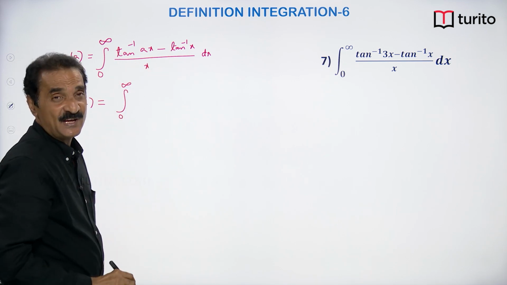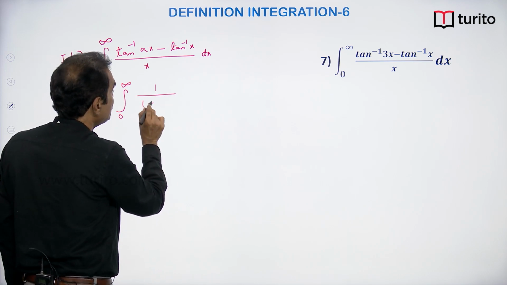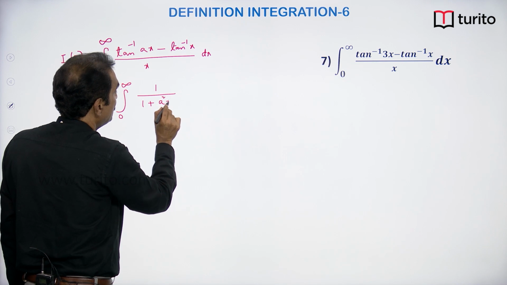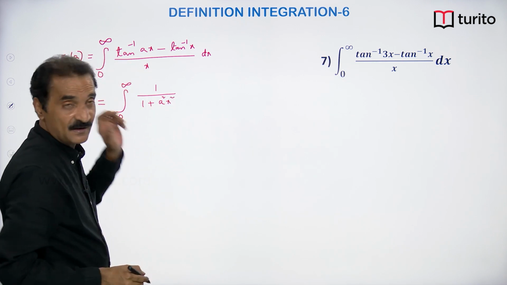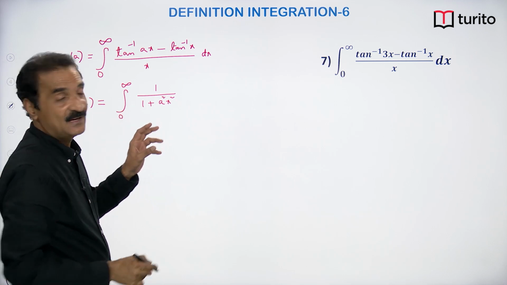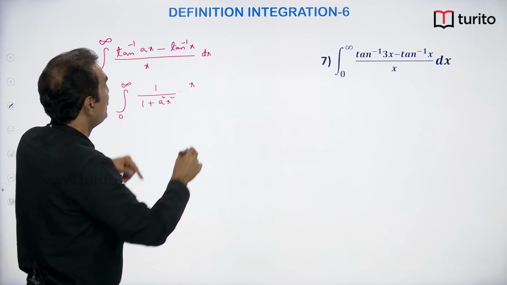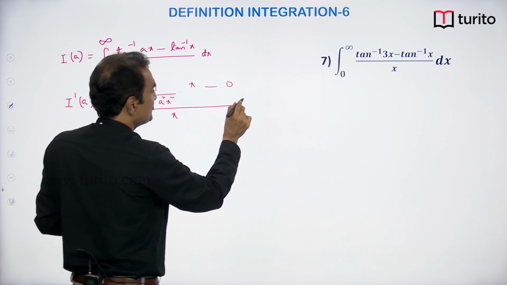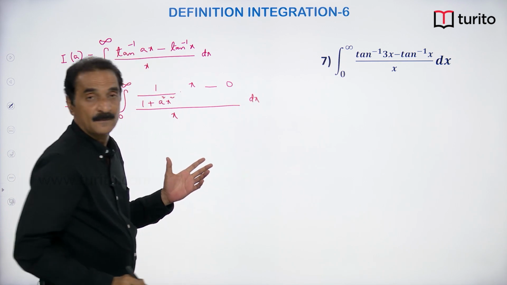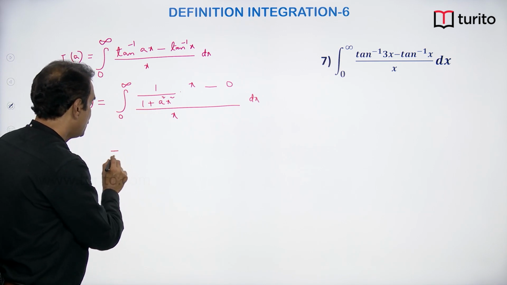Derivative of tan inverse ax with respect to a is 1 by 1 plus a square x square into derivative of ax with respect to a, which will be x, minus derivative of tan inverse x, which is 0, whole divided by x. Okay. Now, what happens? X cancels.